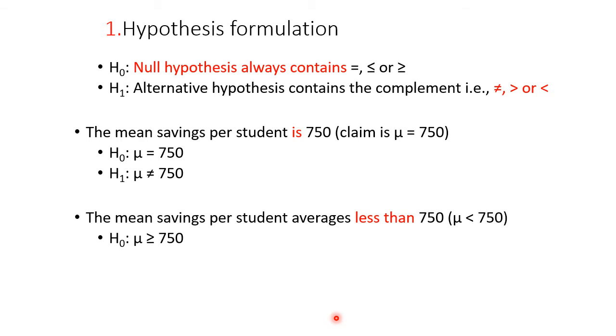So the opposite of less than is greater than. Alright, so this is how you would actually write it. Always remember that your null hypothesis has an equivalent sign.